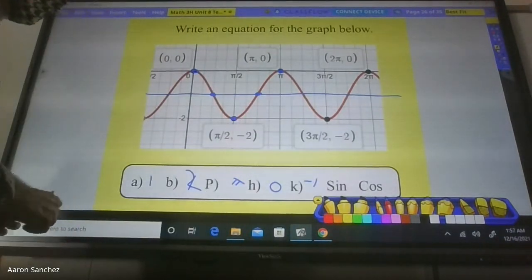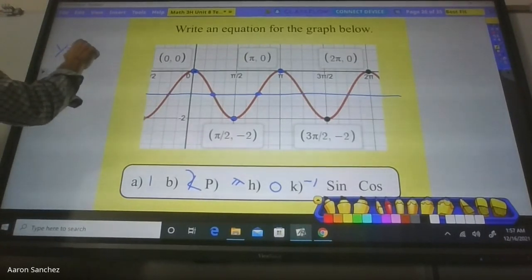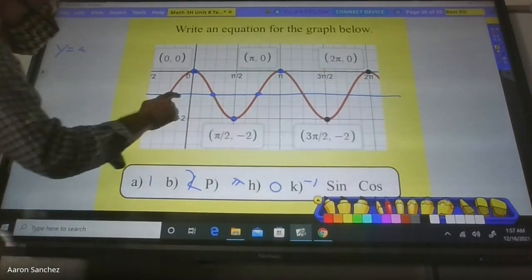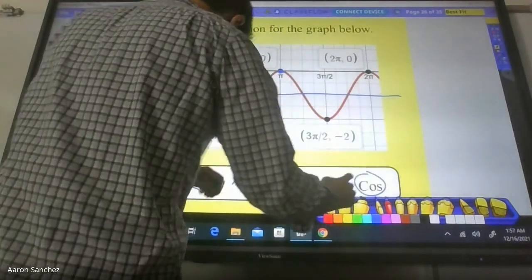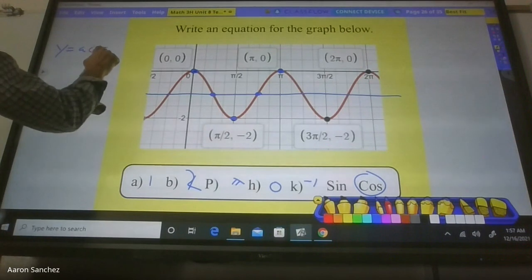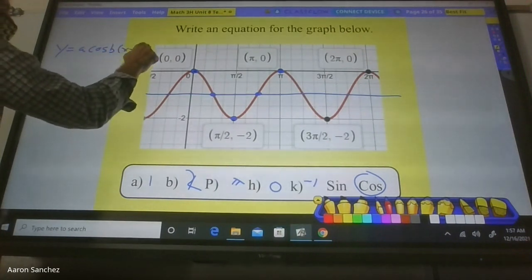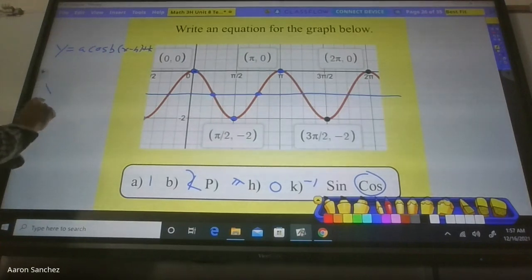Okay. And let's write it out. Y equals A. Is this sine? You guys said this is cosine? Y equals A cosine B(x minus H) plus K. Y equals, what's my A? 1.